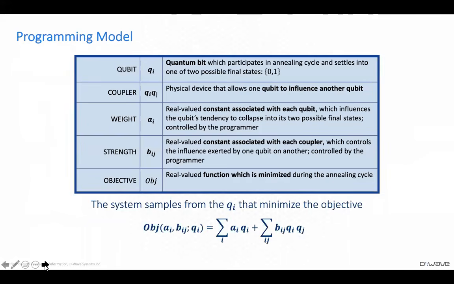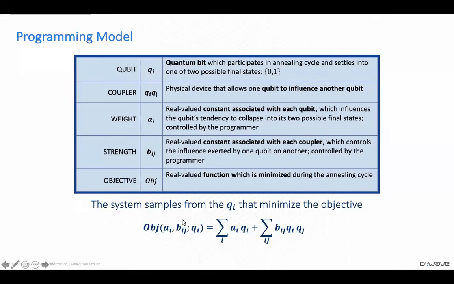So here's the programming model if you're in QUBO. And I just want to mention this briefly. There will be some programming examples later, but for the moment, just to introduce, you might remember back a bunch of slides how that Ising model looked with those Si's and the Sj's. This looks like it also. The programmer sets the little ai's there, and then the bi's are also set by the programmer.